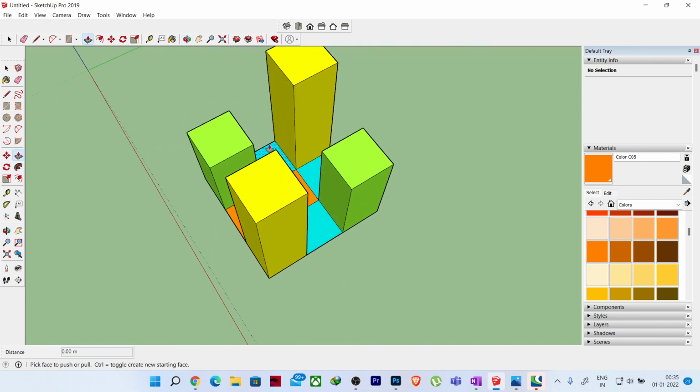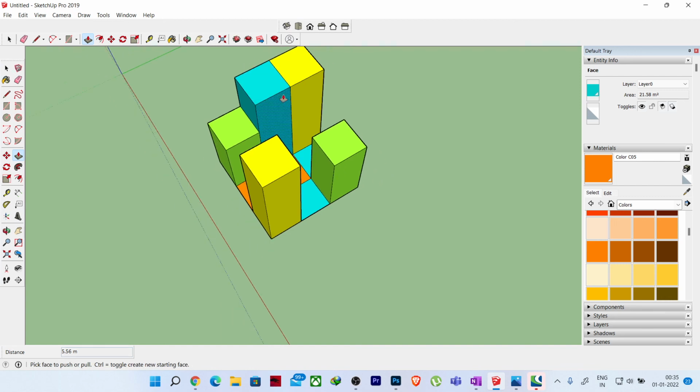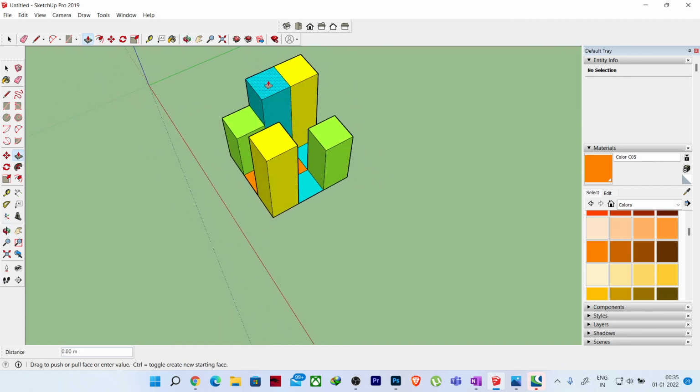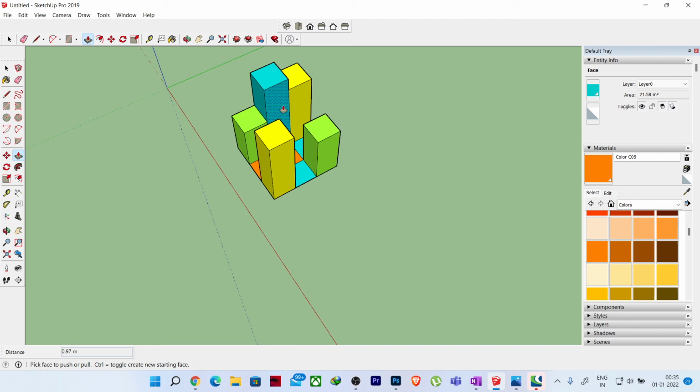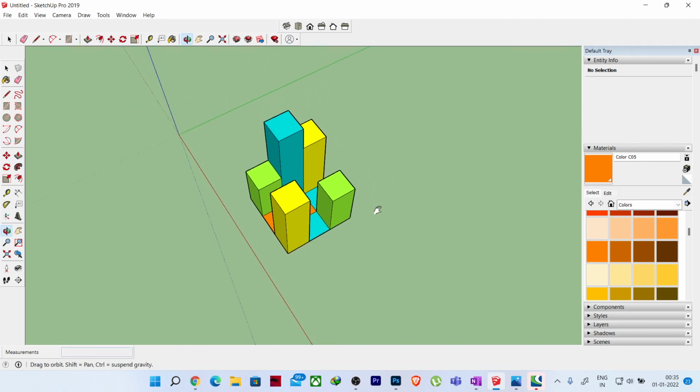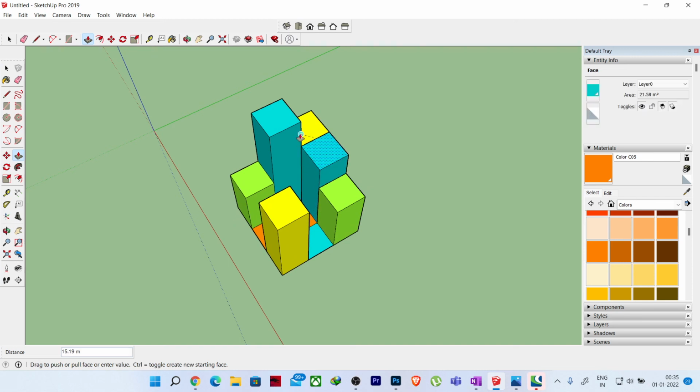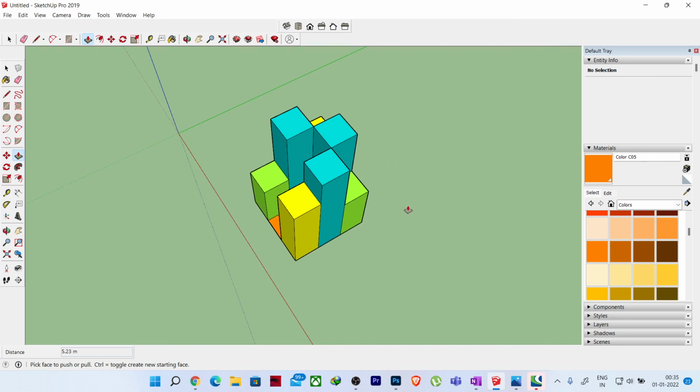In that case, first let me create this. I am going higher with this blue one.